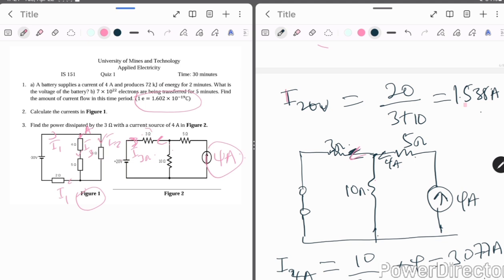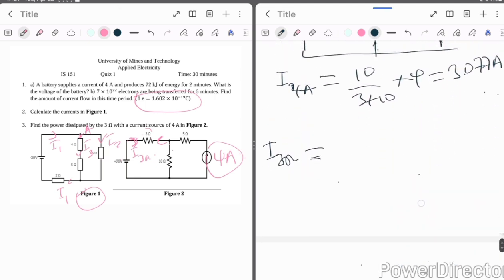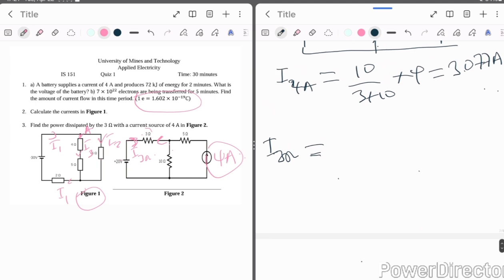So the currents are in opposite directions. When we are doing the algebraic sum, we take left to right as the positive direction and the opposite as negative.